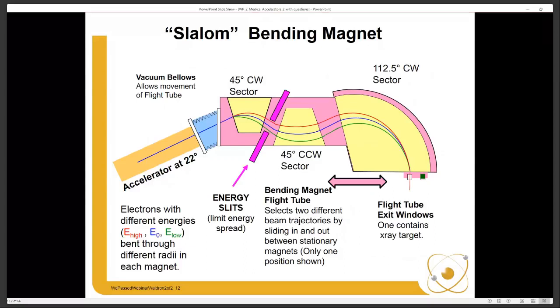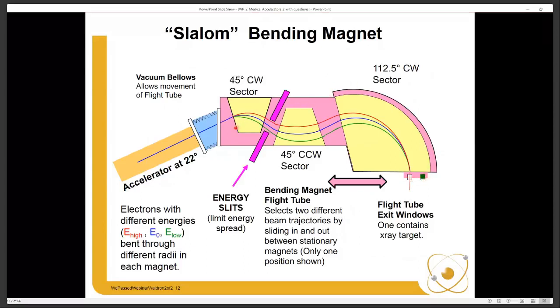I mean, the exact value doesn't matter terribly. And again, we put a set of slits where we want to chop off, if you will, the highest and lowest beam energies.